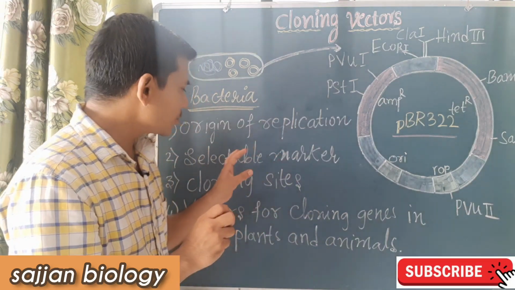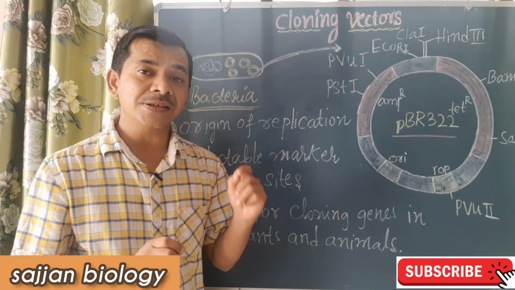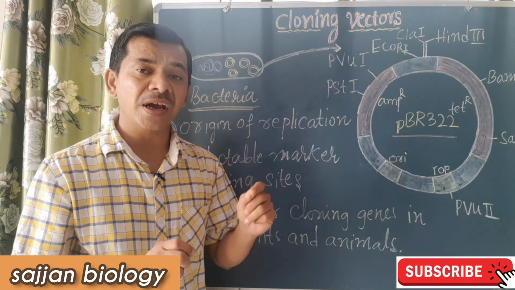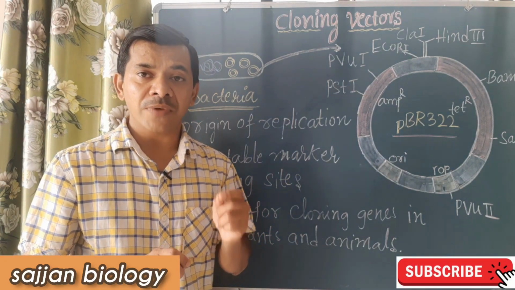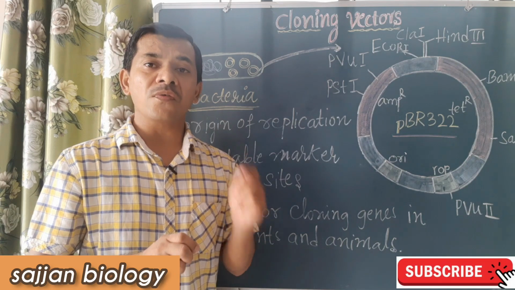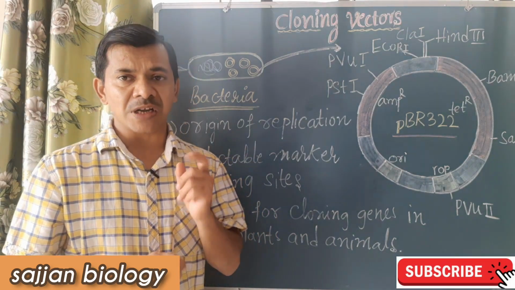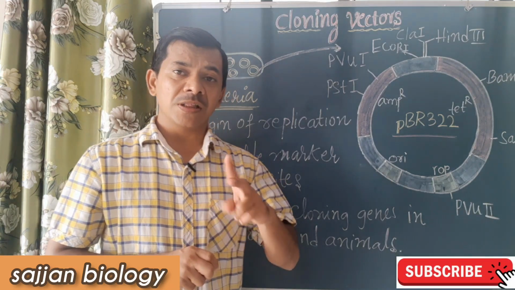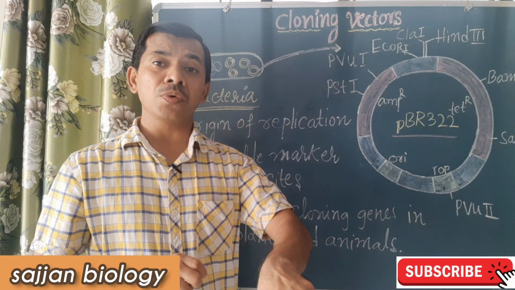Next one is the selectable marker, and these selectable markers essentially help to identify and eliminate the non-transformants, and they allow the growth of transformants. First of all, what is transformation? Transformation is nothing but any alien piece of DNA which is transferred into a host cell.